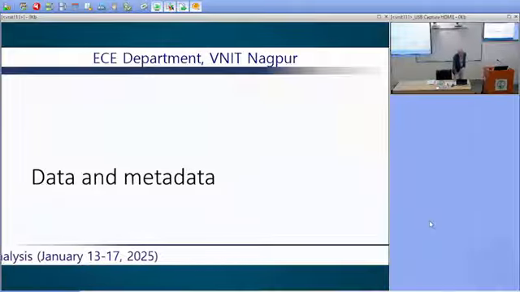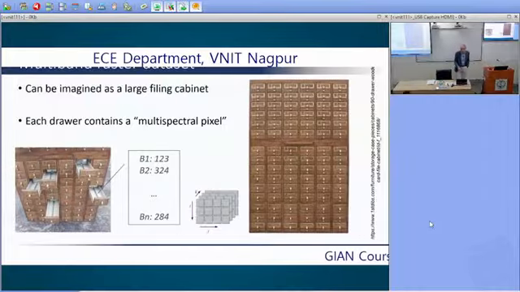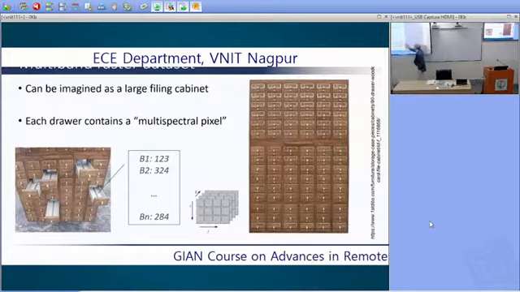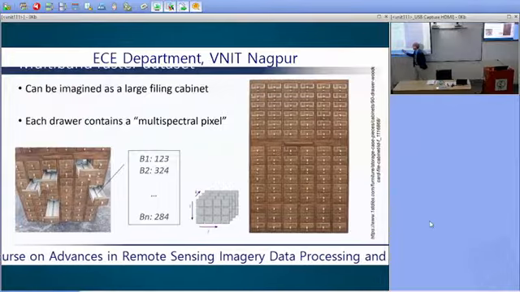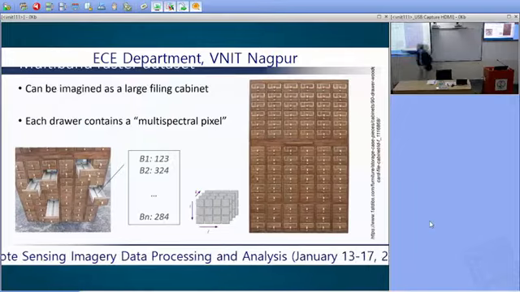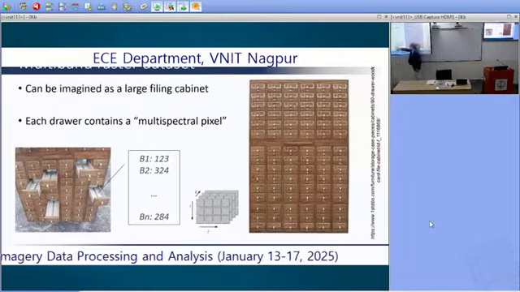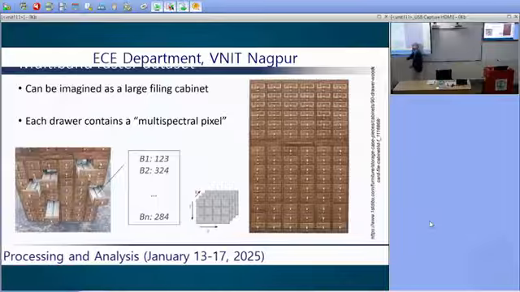So for example, one important point is data and metadata, in the sense that you may remember yesterday I showed you this scheme where I said we have two spatial dimensions. You can imagine them as a consequence of, on the one side, the physical advancement of the platform, and on the other side, scanning by the use of multiple sensors.